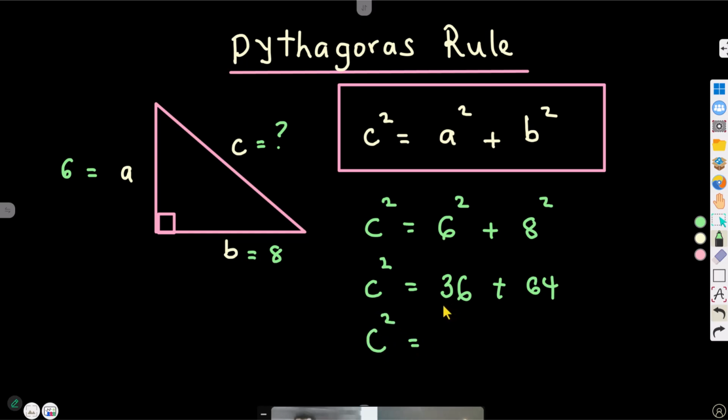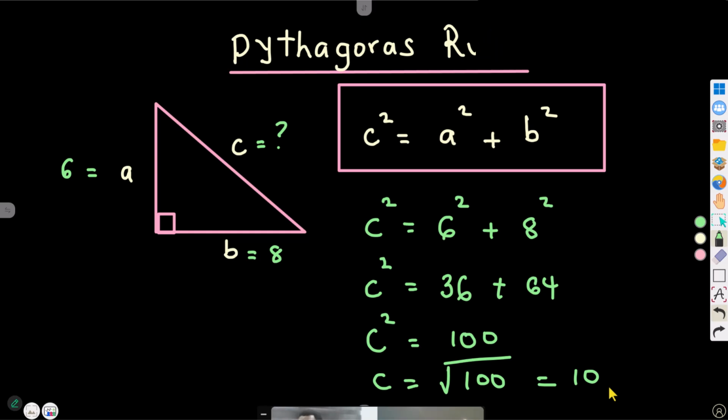If you add 36 and 64, you get 100. Now, C squared is 100. So C will have to be the square root of 100, and the square root of 100 is 10. So this simplifies the Pythagoras theorem for you.